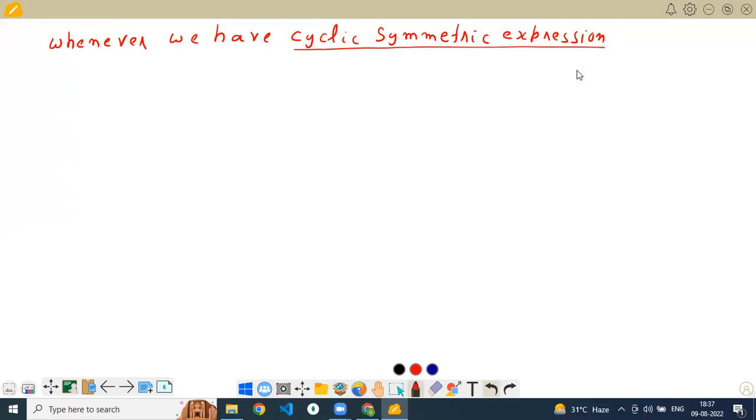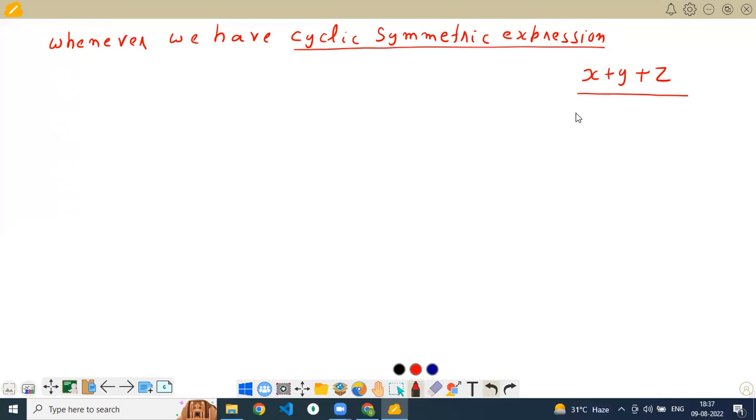When I am writing two or more variables, like if I write x plus y plus z, and if I replace x by y, y by z, and z by x in a cyclic manner, this expression will not change. Then this is a cyclic symmetric expression.